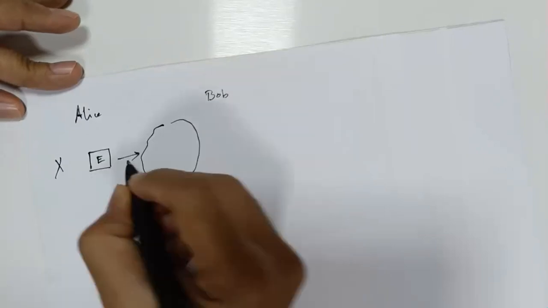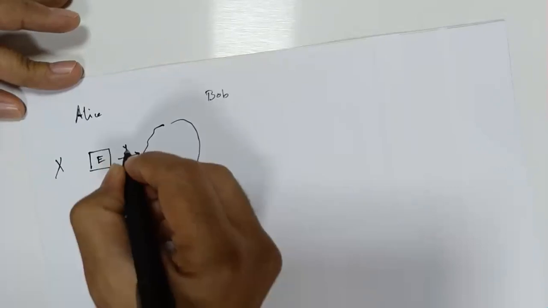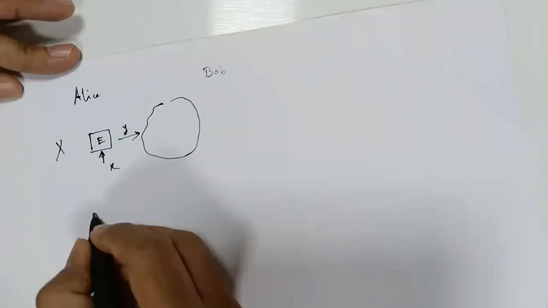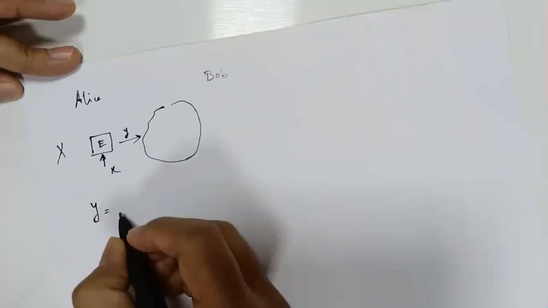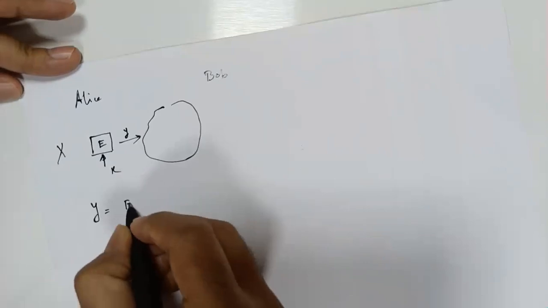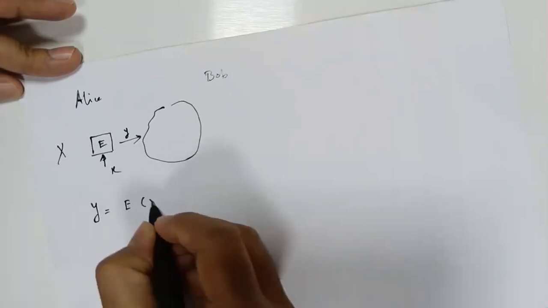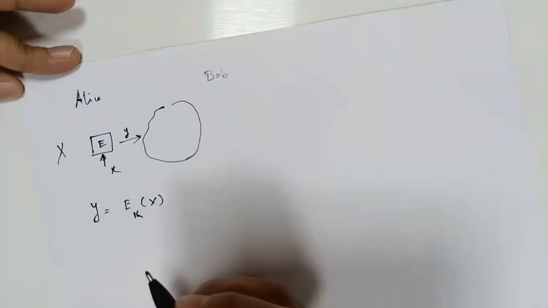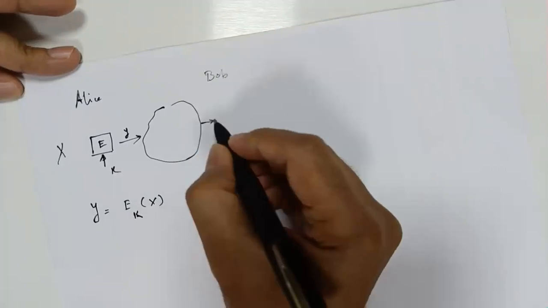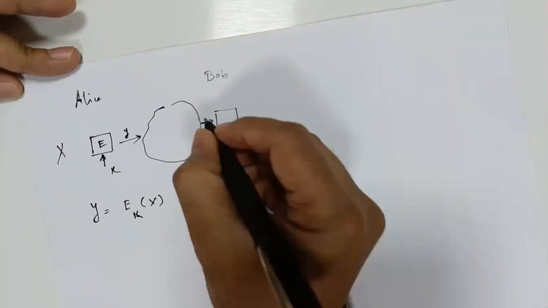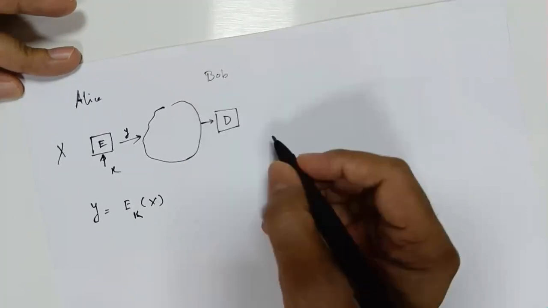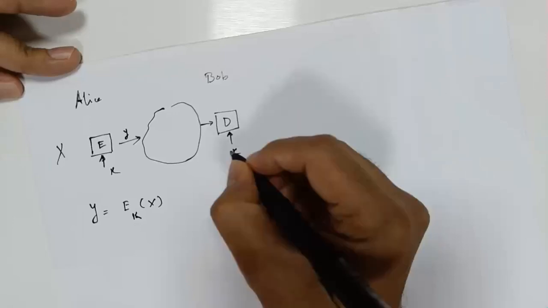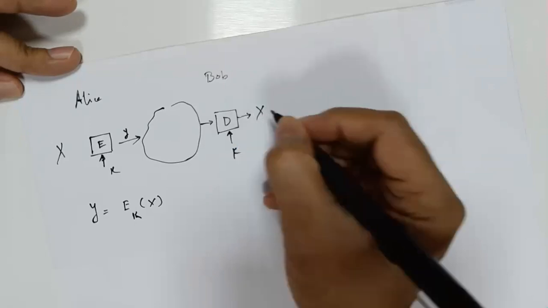You use some key, and the ciphertext is produced using the encryption on input X using that key. Then when the receiver receives the message, it does the decryption part, using the same key to produce the original message X.